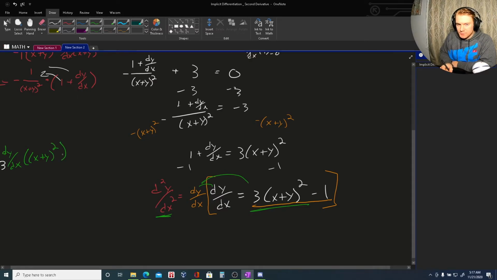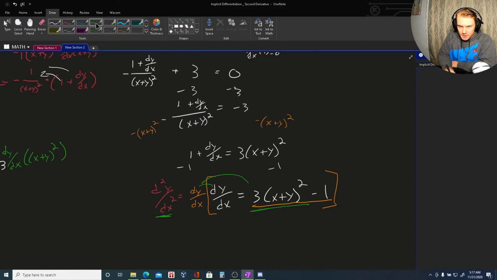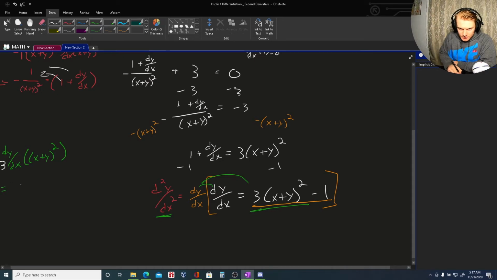We just did this before, so we know the answer. It's pretty much the same thing: 2 times (x plus y), but don't forget the chain rule, so you'll have times (1 plus dy/dx).